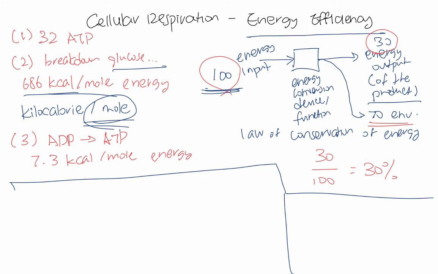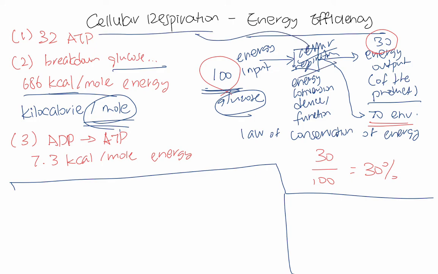Because we're inputting that glucose into cell respiration. Because glucose is the input to this energy conversion device, function, process, cellular respiration. And so that means it would be the denominator. So 686 kilocalorie per mole.